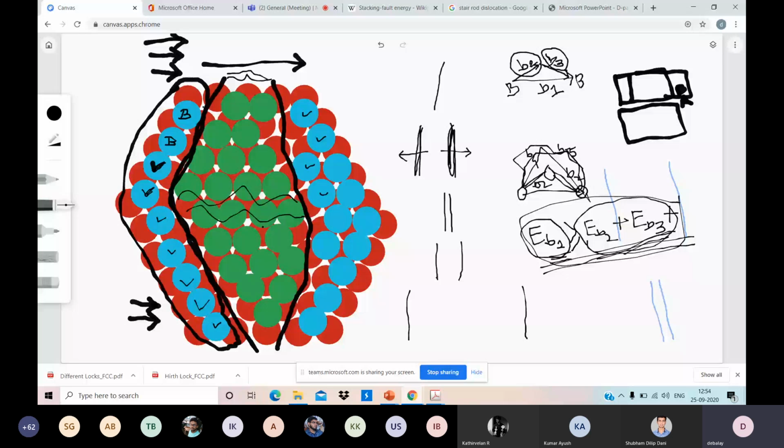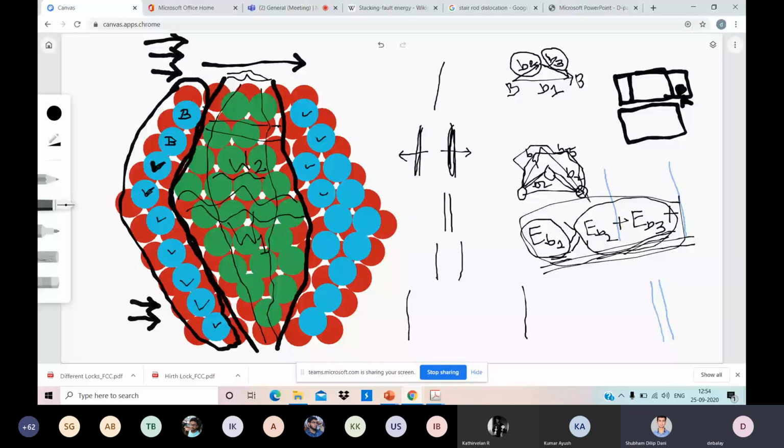You may have asked, sir, why has it not happened that up to this point there is perfect B slip, from here perfect B slip, and only a little stacking fault with another width W2? What chooses that this much will be the width of the stacking fault? Stacking fault energy.